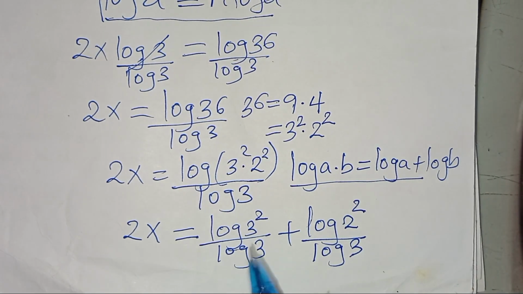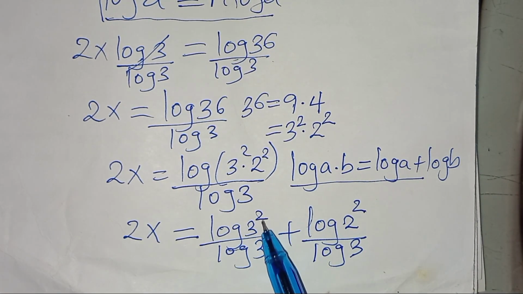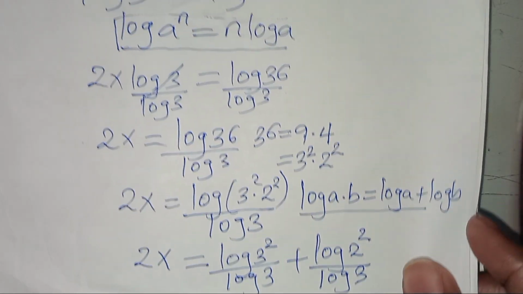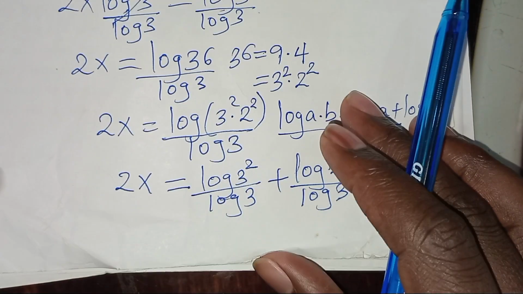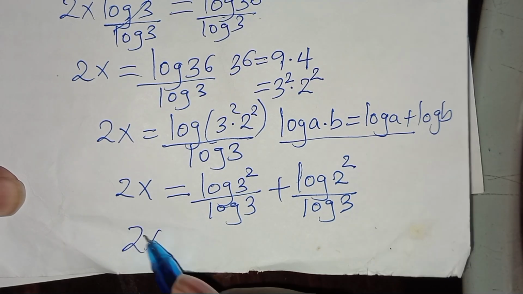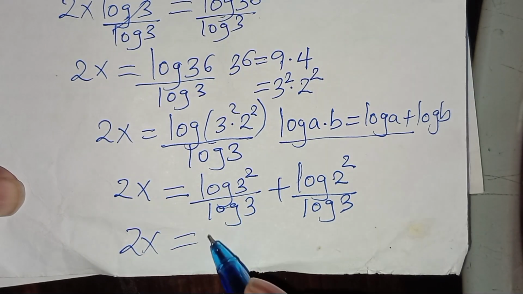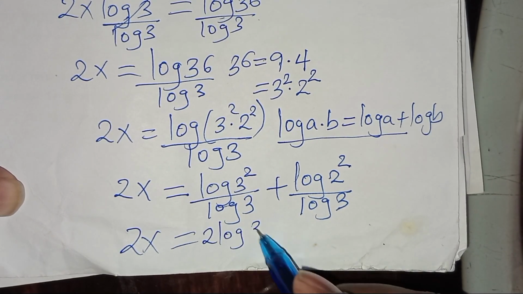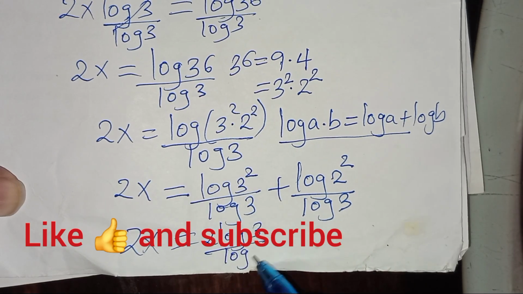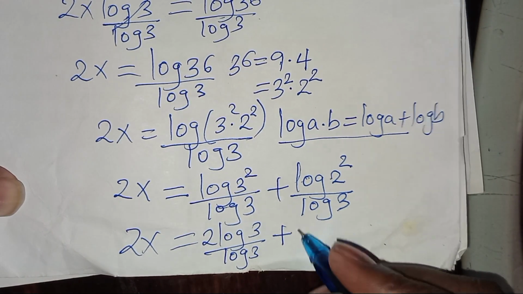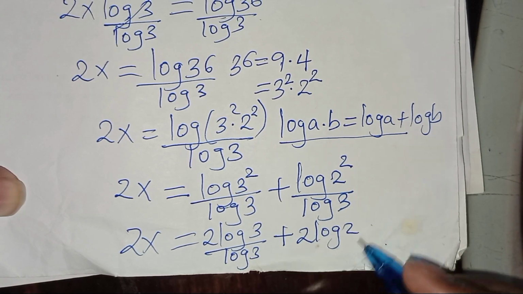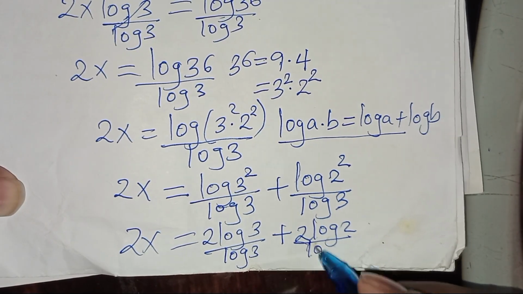Okay, now log 3 to the power of 2. Applying this power rule property, this becomes 2x equal to 2 log 3 divided by log 3 plus 2 log 2 divided by log 3.